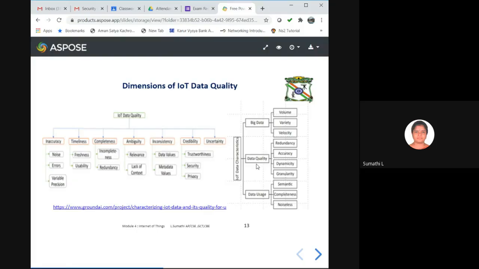Then coming to your data quality, the data generated may have inaccuracy in terms of noise, errors, and variable positions. And the timeline, right?